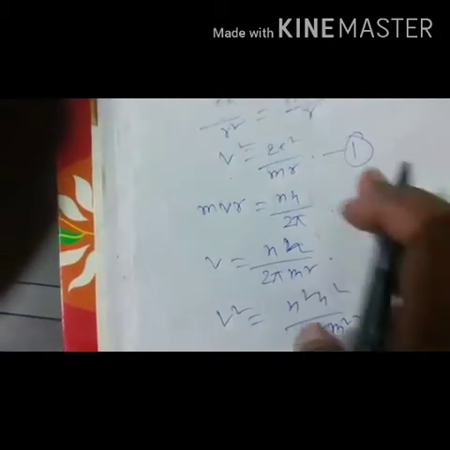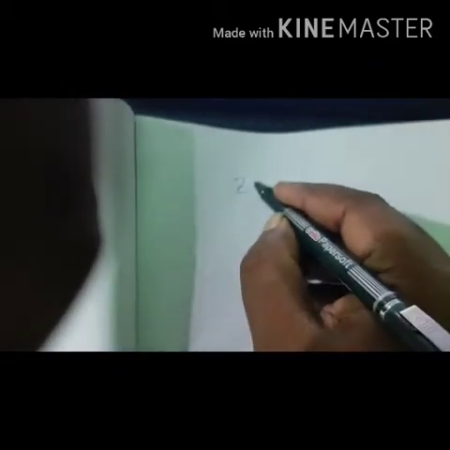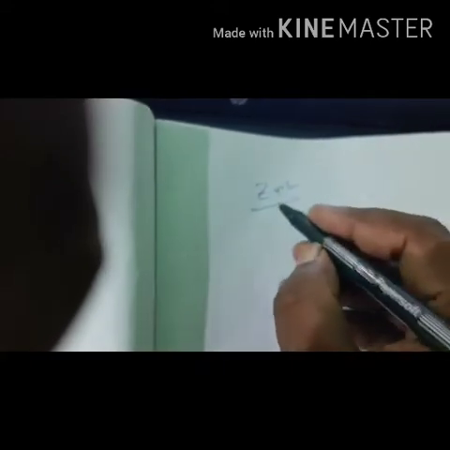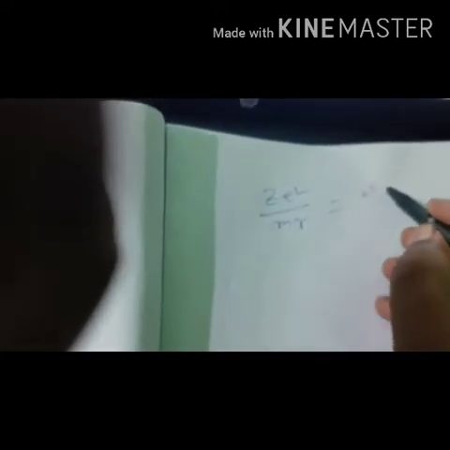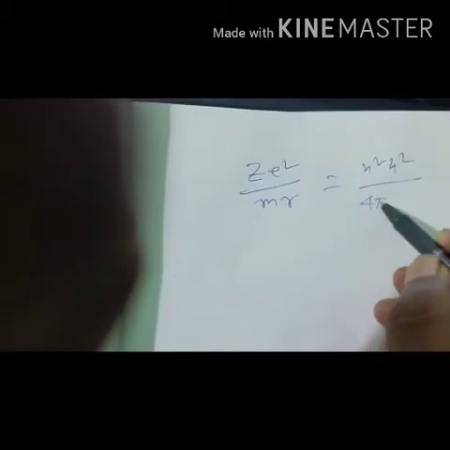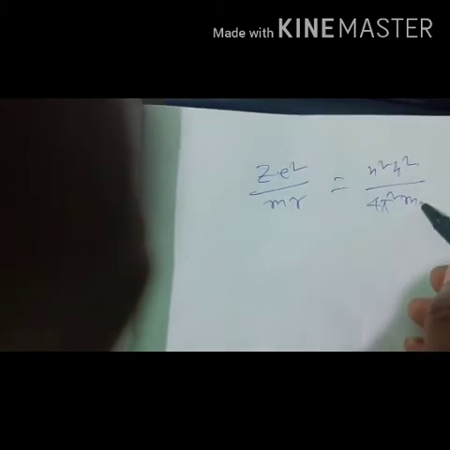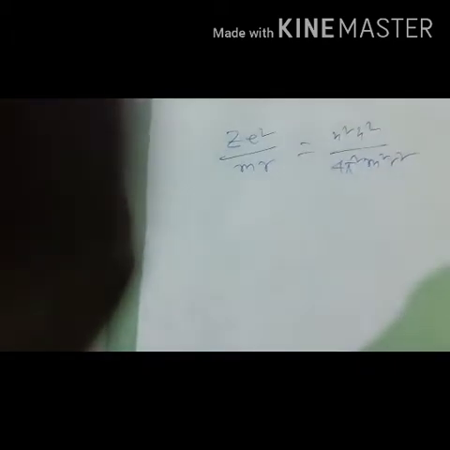Now if we equate these two, equation 1 and equation 2, then the value will be Z square divided by mr equal to n square h square divided by 4 pi square m square r square.